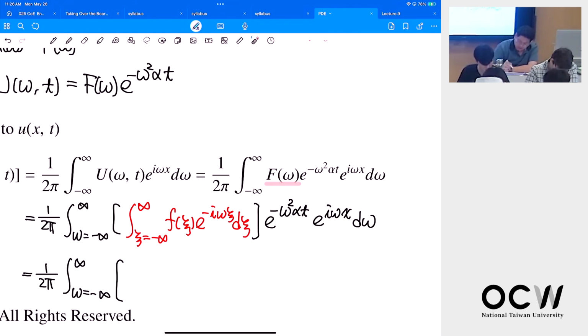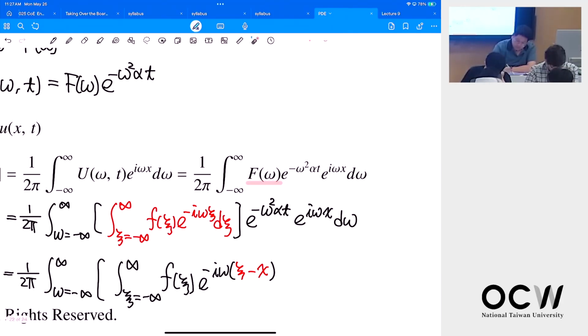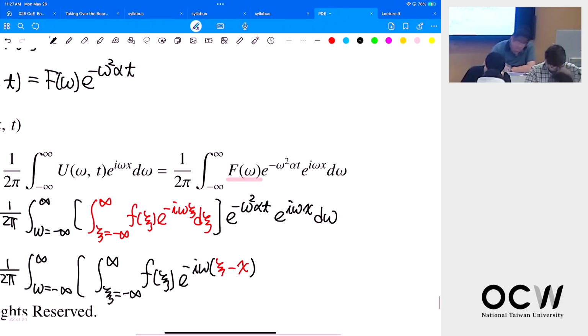So let's combine these two. So we will integrate with respect to xi first. Xi is from minus infinity to infinity. f of xi, e to the minus i omega, and here you have xi minus x, and exponential to the minus omega squared alpha t.